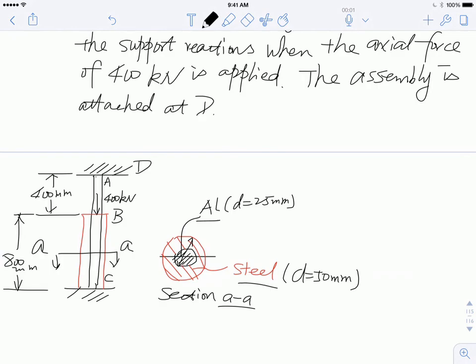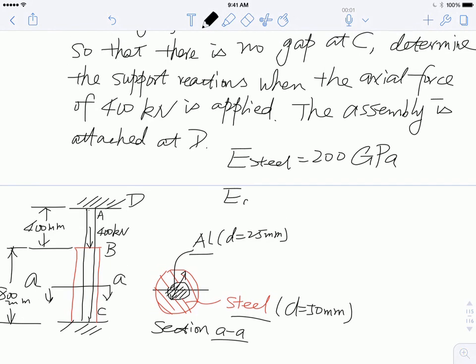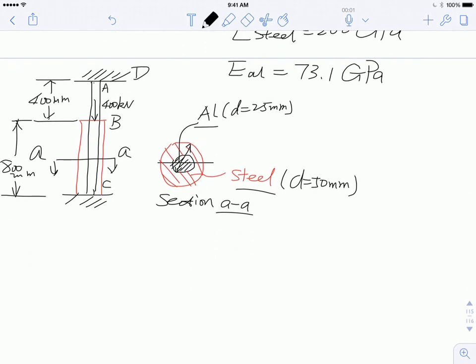One more condition is Young's modulus of steel is 200 gigapascal, and the Young's modulus of the aluminum alloy, let's just say Al, is 73.1 gigapascal. Okay, then let's see how we can solve for that.